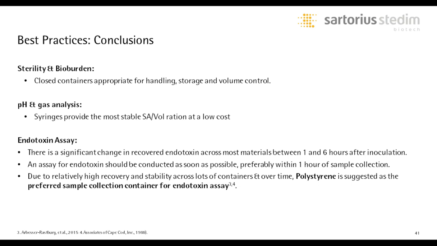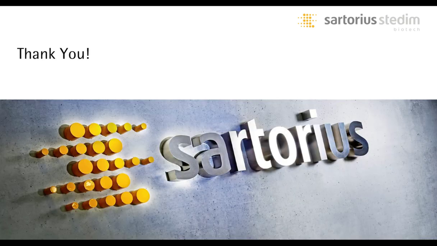And we also know that there is significant change in the amount of endotoxin recovered across most materials between 1 and 6 hours. Therefore, endotoxin samples should be assayed within the first hour of sample extraction using a polystyrene container, and again, due to their high rate of recovery and stability across lots of material and over time.